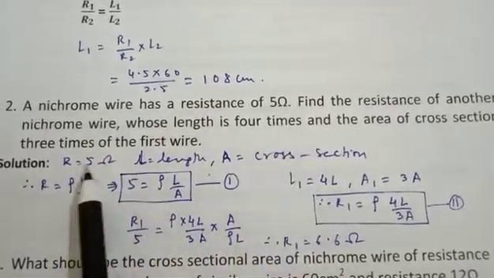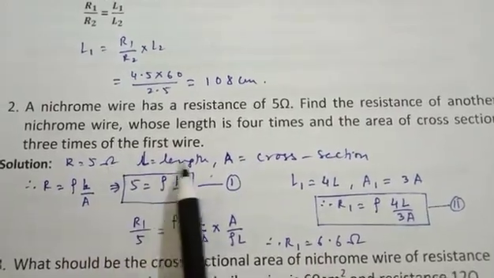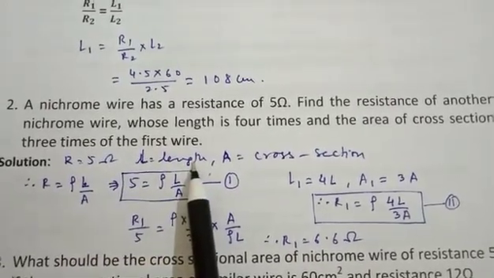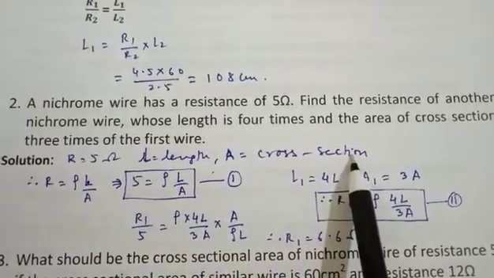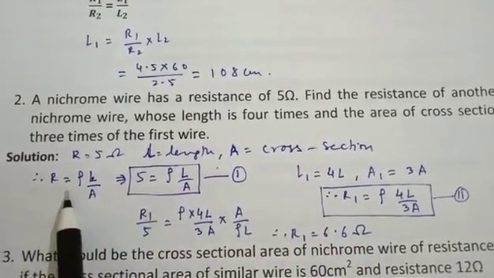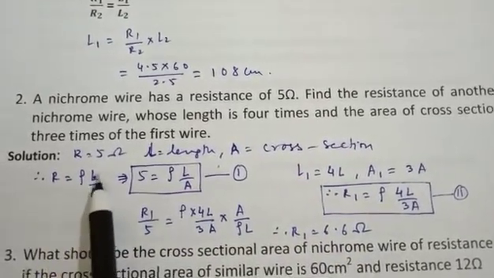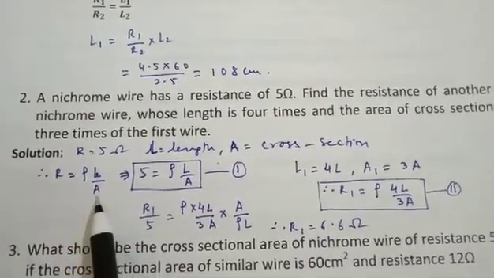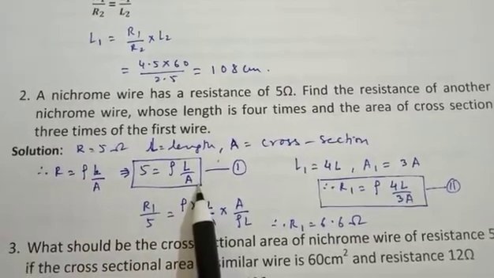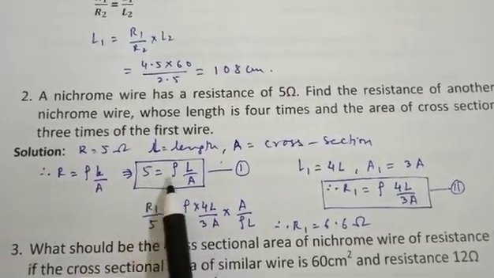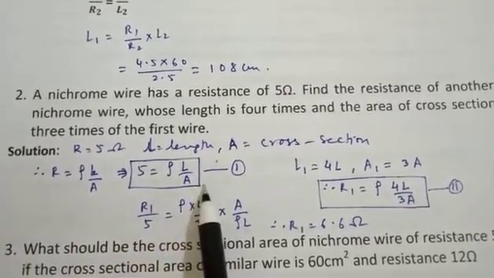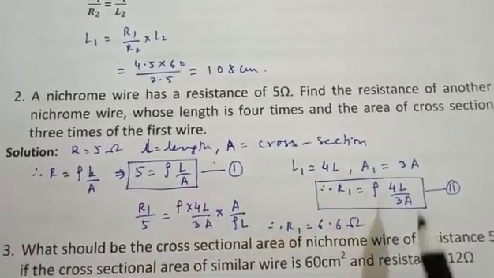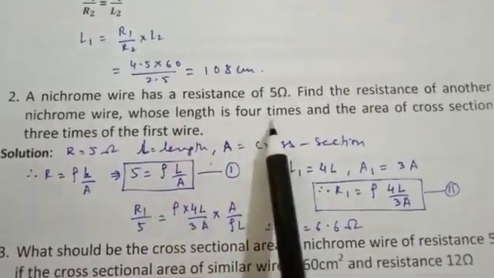Resistance R has been given as 5 ohm. We have assumed L length, A as cross section, and then we have got the formula R is equal to rho L by A. This formula also I have given in the last class. Now putting the data here, we have got the first relation, 5 is equal to rho L by A. Now we go for the second information, that the length is 4 times.